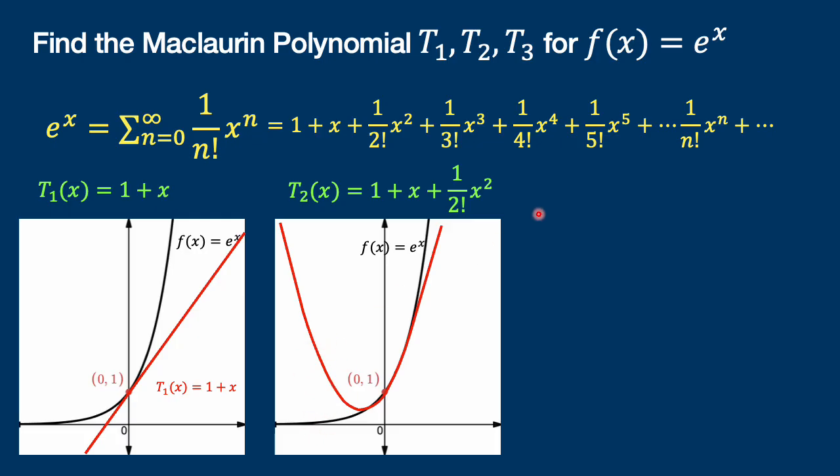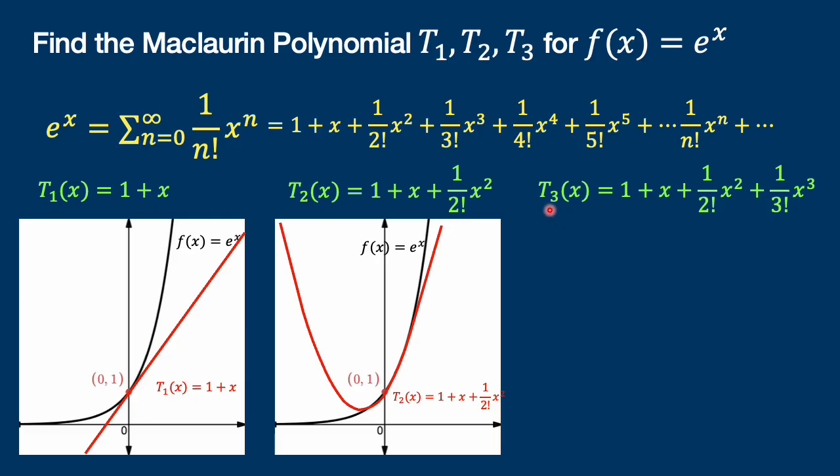Let's find the degree 3 Maclaurin polynomial T3. You take the terms until degree 3. So T3 is 1 plus x plus 1 over 2 factorial x squared plus 1 over 3 factorial x cubed, a degree 3 polynomial.